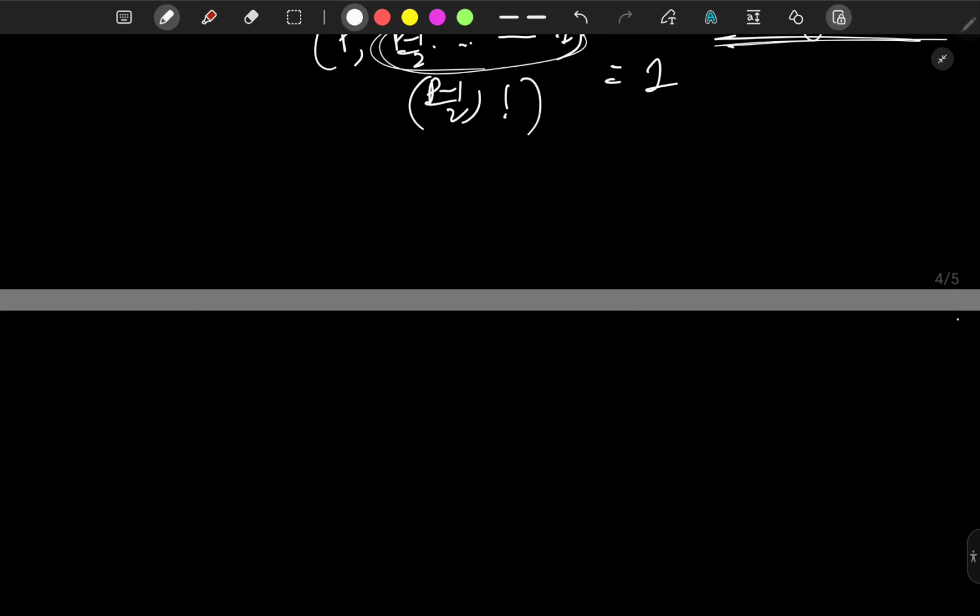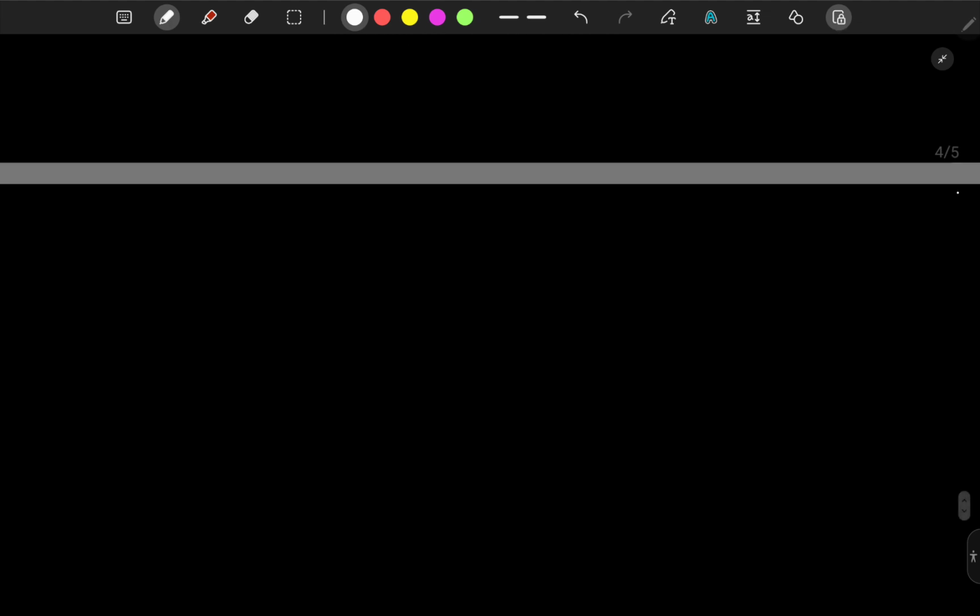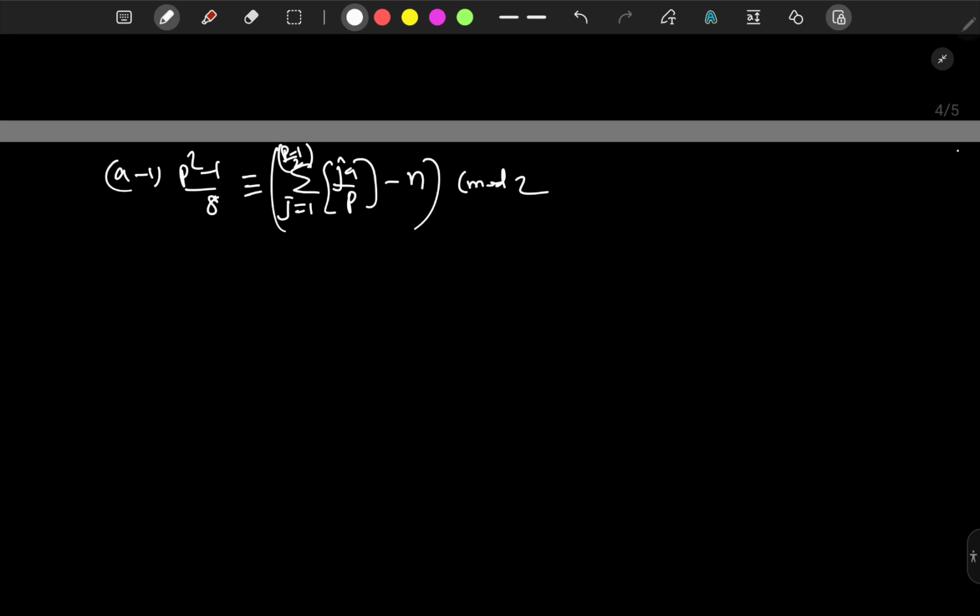So I will write that equation again. The equation is given by (a - 1)(p² - 1)/8 is congruent to the sum over j from 1 to (p - 1)/2 of the floor of ja/p, minus n, mod 2.